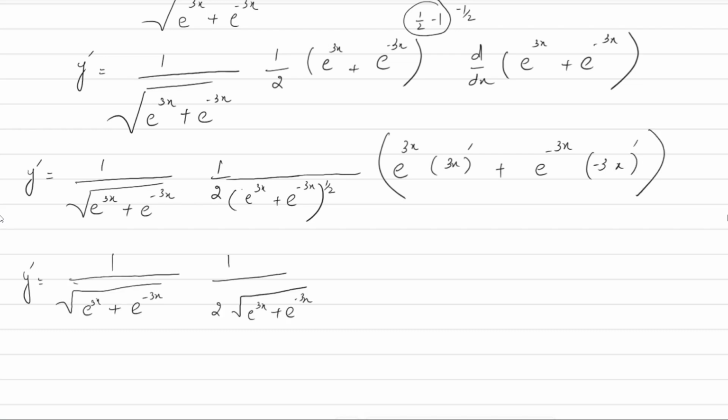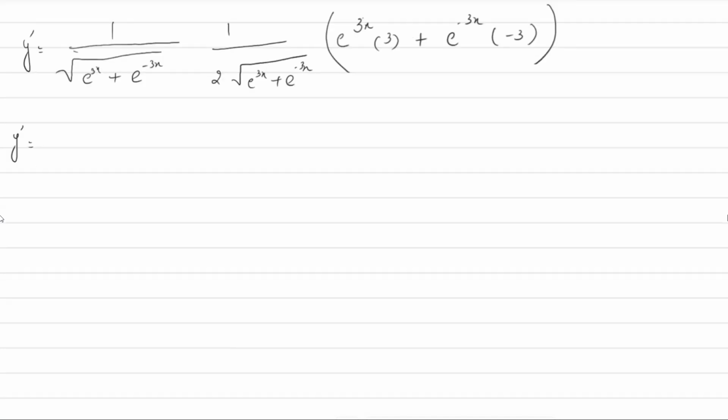We can write 1 upon 2 as the square root of e raised to the power 3x plus e raised to the power minus 3x, and 3 e raised to the power 3x. The derivative of 3x would be 3, plus e raised to the power minus 3x. The derivative of minus 3x would be minus 3.